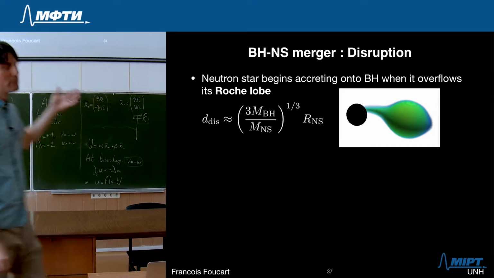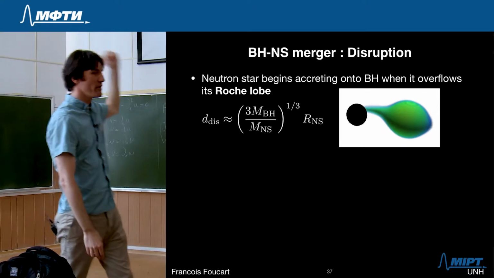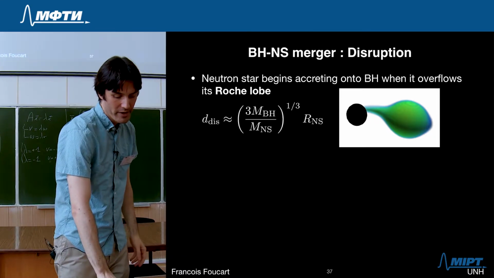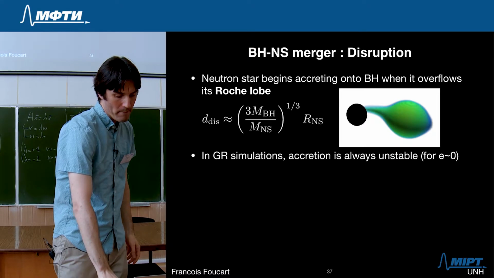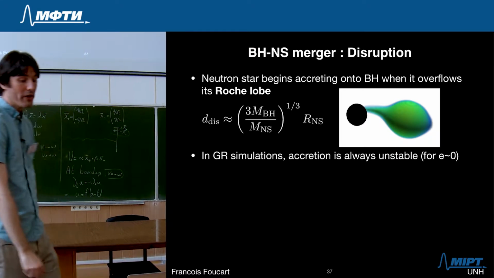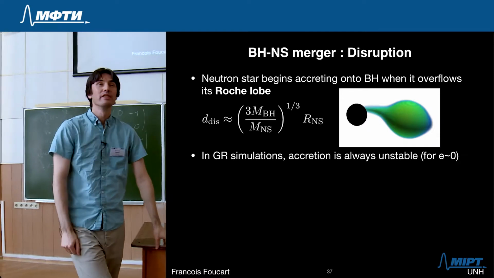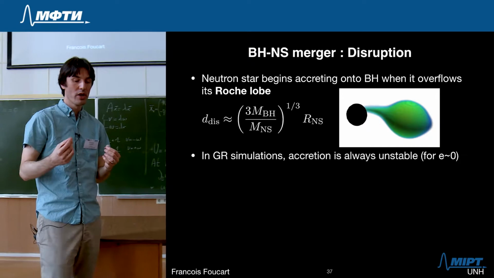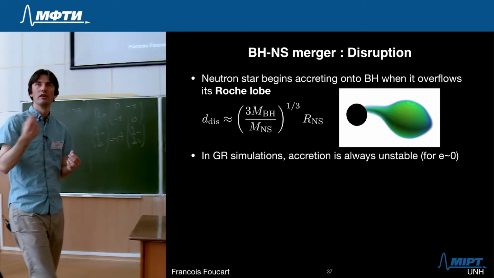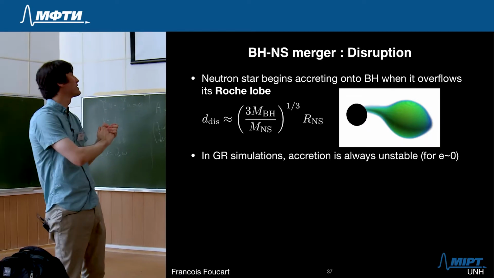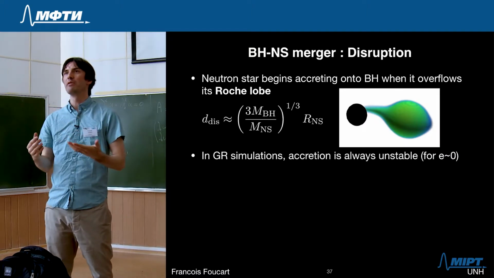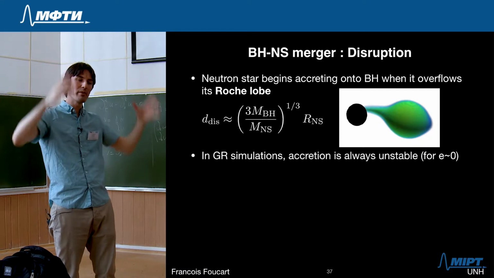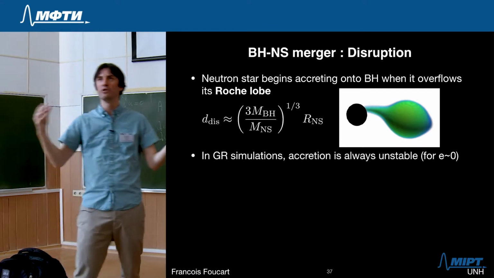Okay, so disruption distance is roughly what we have just seen. It depends on the mass ratio of the system and the radius of the neutron star. One thing that simulations have told us is that when the neutron star starts overflowing its Roche lobe, starts accreting onto the black hole in general relativistic simulations, that accretion is always unstable, meaning the neutron star doesn't start accreting and then move away slightly from the black hole and stop accreting, like can happen in some Newtonian systems.